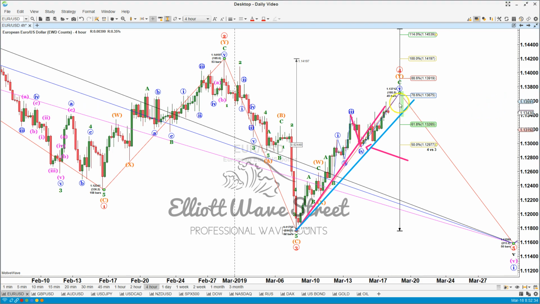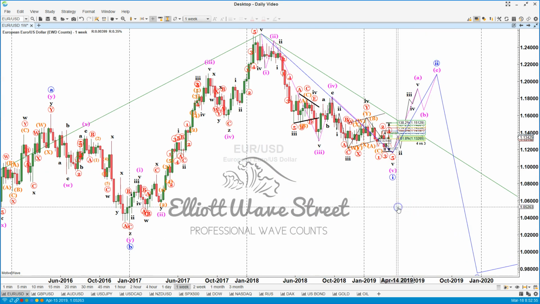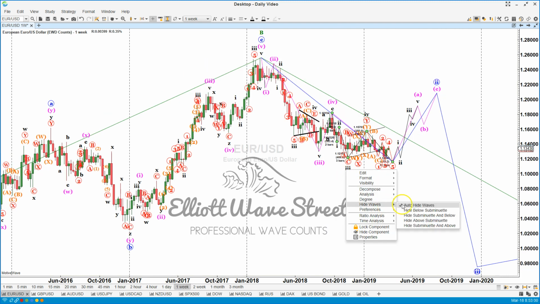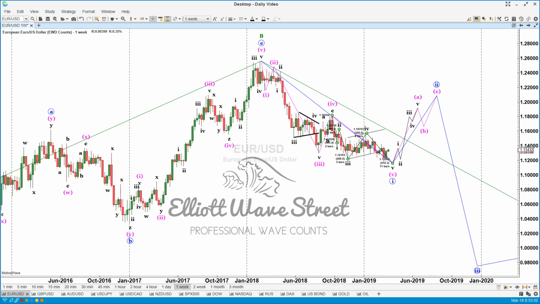Once the price starts reversing and completes the pattern that you can receive on our subscription service, then we're going to start following the 1, 2, 3, 4, 5 sequence down to make a lower low. Don't forget that on the weekly chart, the price is at the market extreme. We are almost there at the end of this market cycle.